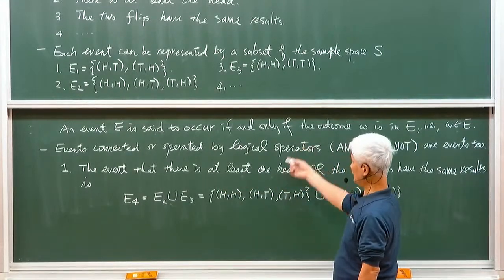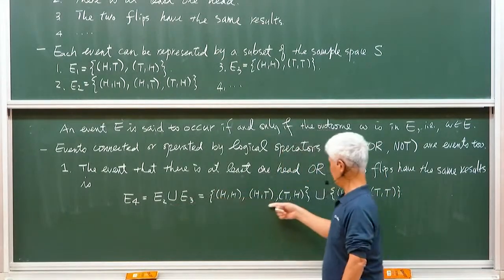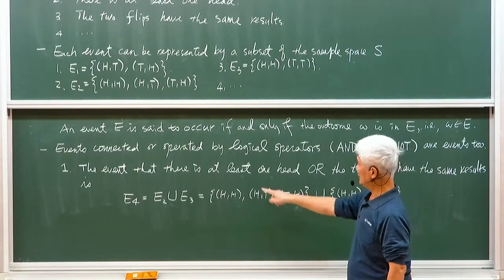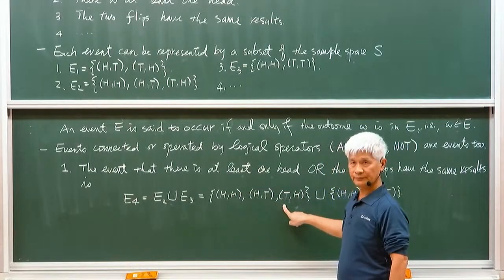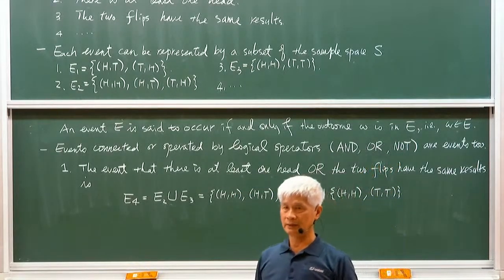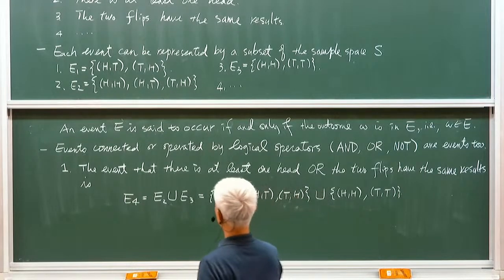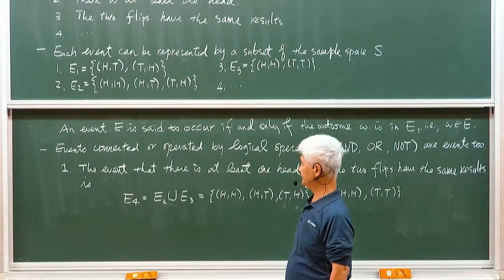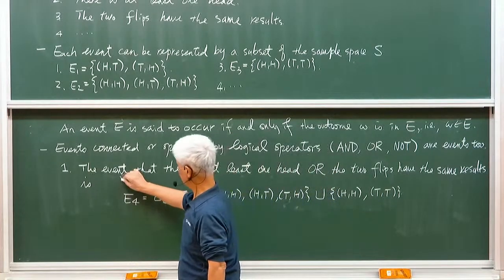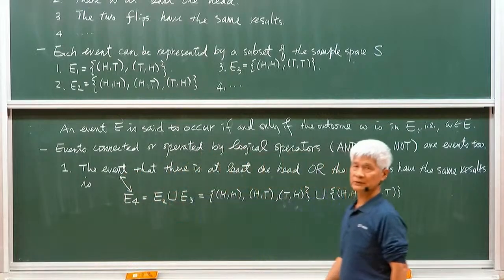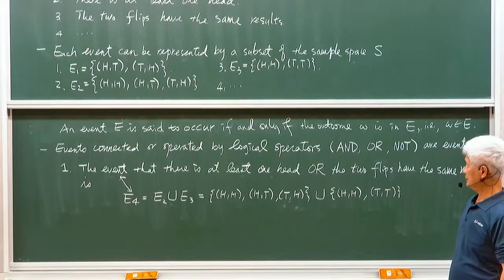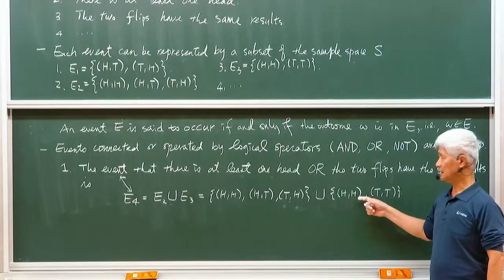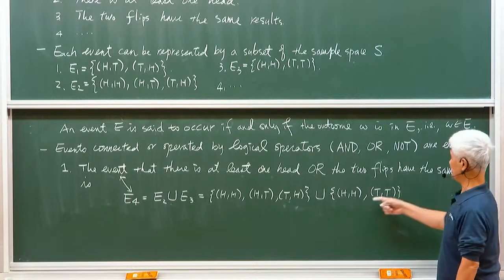So either the outcome is in E2, which means that there is at least one head, which is statement 1, the event E4, we define this one. Or the outcome is in E3, which means that the two flips have the same result.